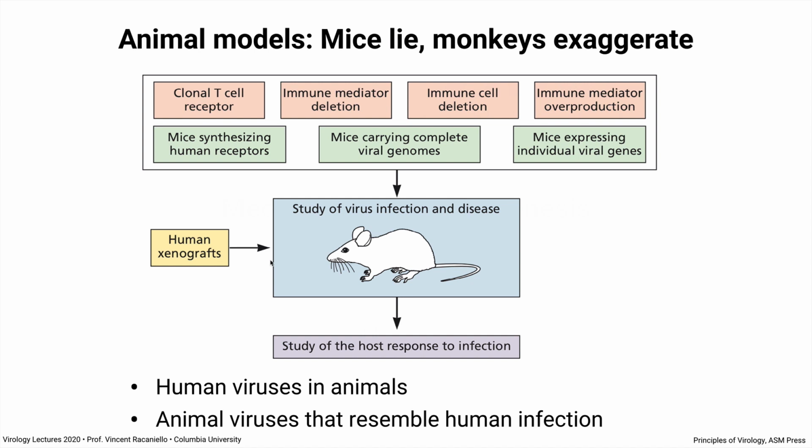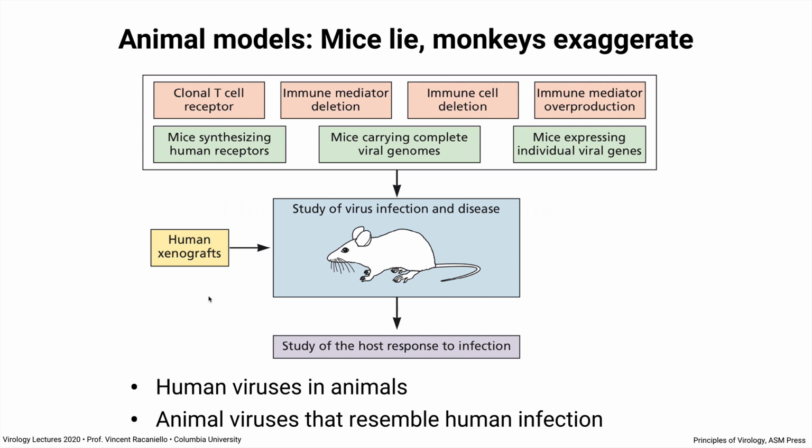We can put human transplants, which would be xenografts, different human organs, and put them in mice that will repopulate the mouse. And you can make a mouse model for HIV infection, for example, which infects the immune system. So you put components of the human immune system into mice. So then you can infect the mice. You can see virus replication, where it is and what levels and so forth, and you can study immune responses.